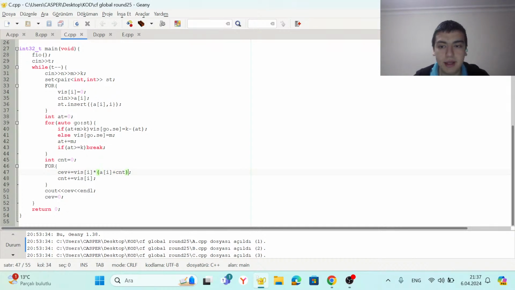So I add them up and multiply by visit i to find the cost of buying tickets on day i. After that, I'm increasing the count by visit i, because I have bought exactly visit i tickets on day i. And then I am outputting the answer.